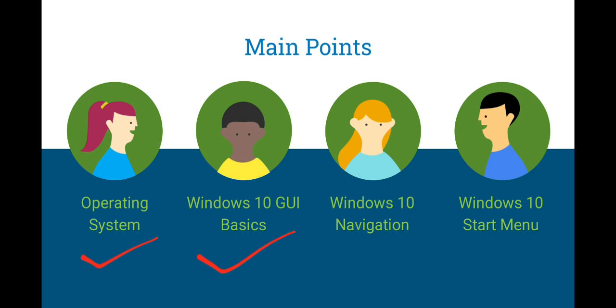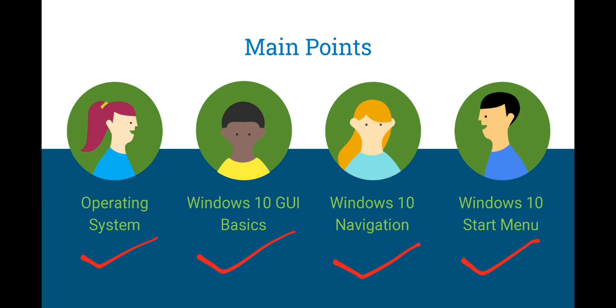Next, Windows 10 navigation, we have studied the start menu, file explorer, virtual desktop. Next topic is Windows 10 start menu. The start menu is the main point of access to your applications. In Windows 10, we have studied left pane, right pane and the search box.